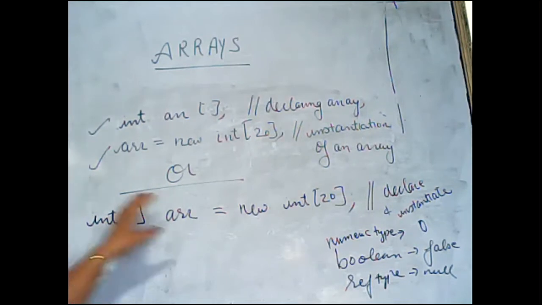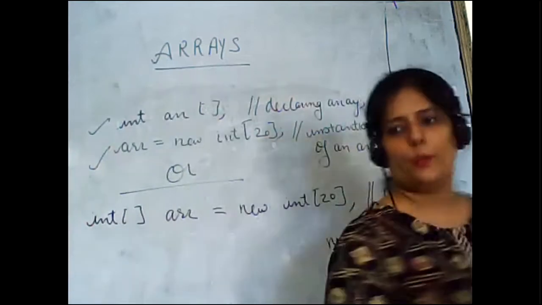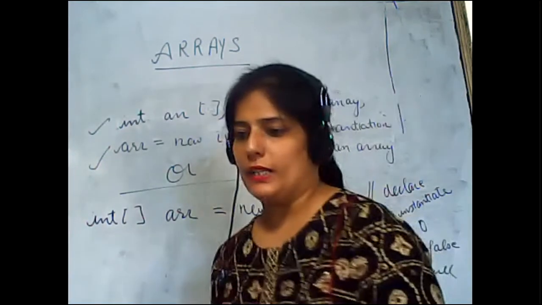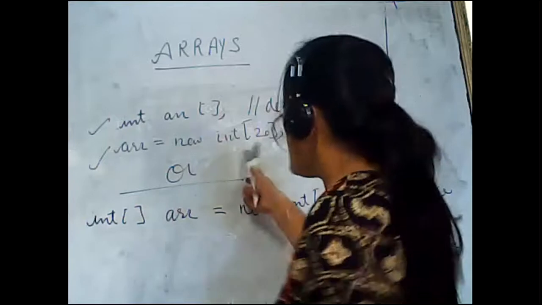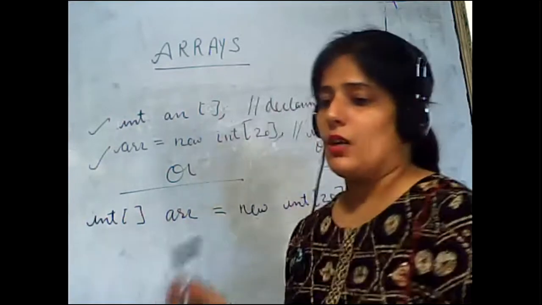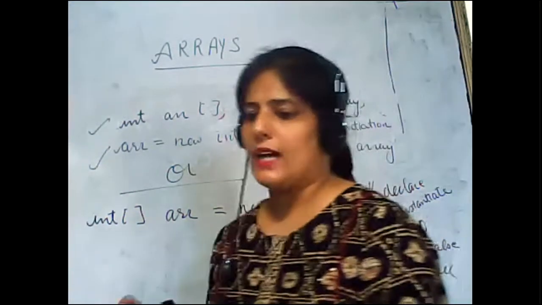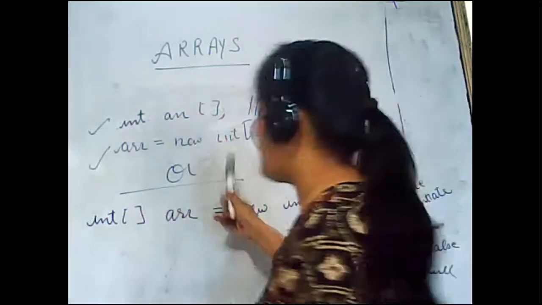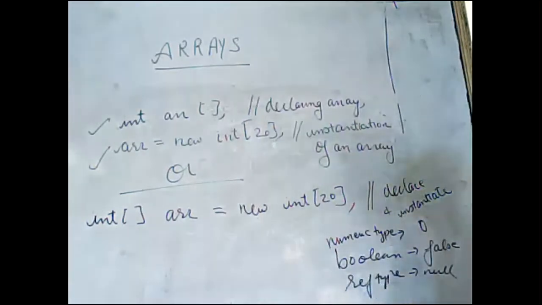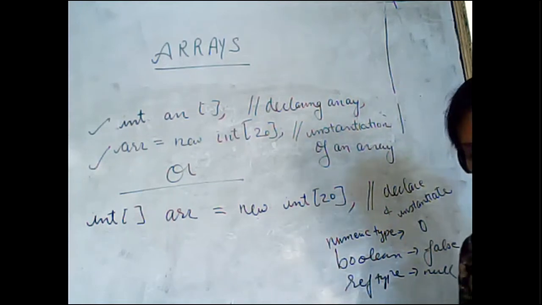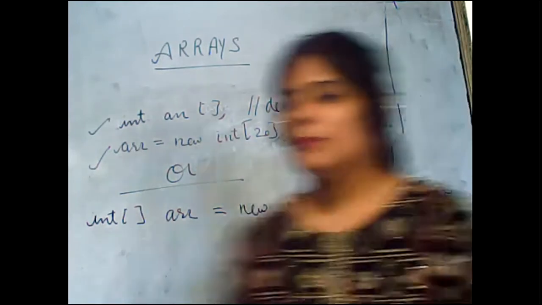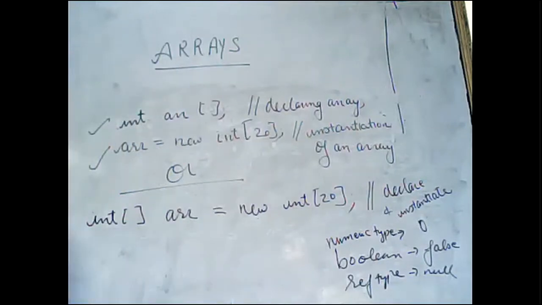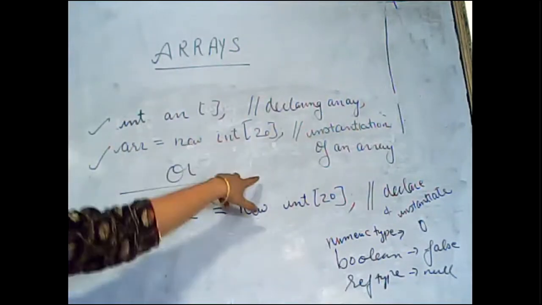So this basic feature, where we are using this new operator to allocate memory to the array, helps us to define that arrays are dynamically allocated. In Java all arrays are dynamically allocated, because in this second step we are allocating a particular memory part by using the new operator.